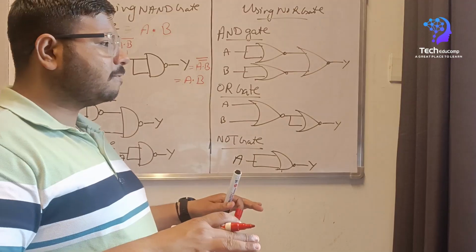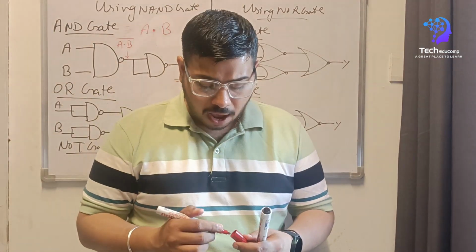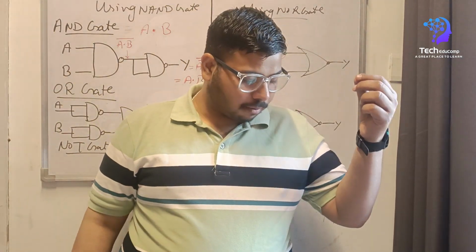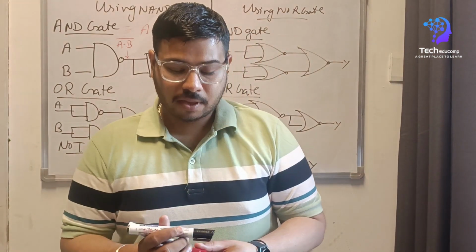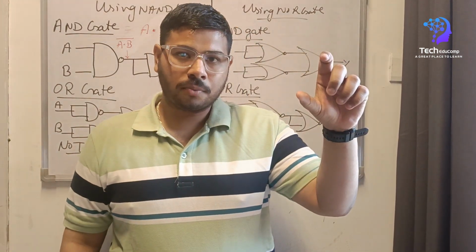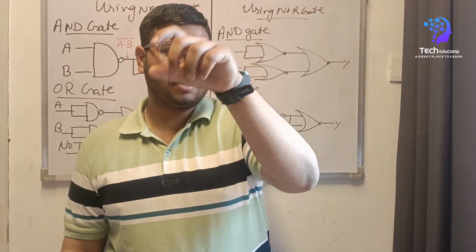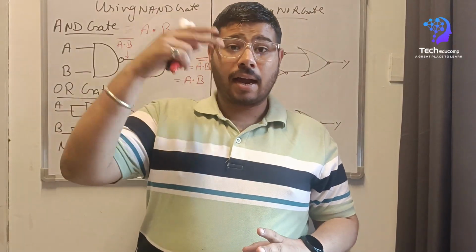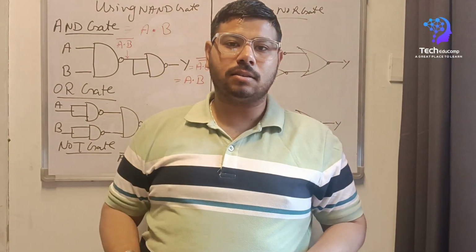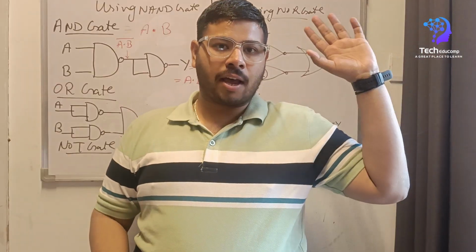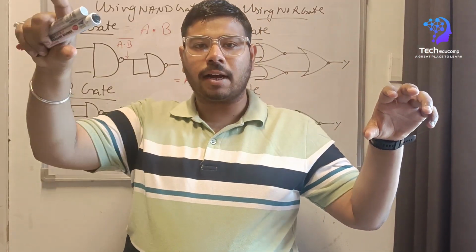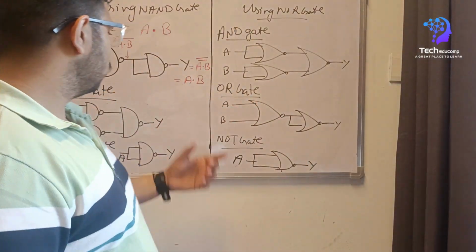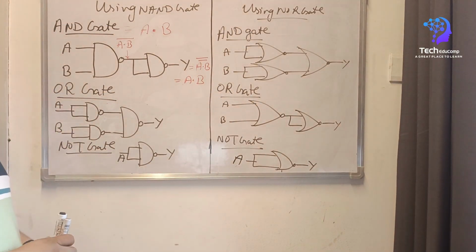So for simplicity, to understand, let's say I have a number 0 and I complement it, I get 1. I again complement it, I get 0. So what I gave as input, a 0, by using double complement I get the same number. So this was the same thing.